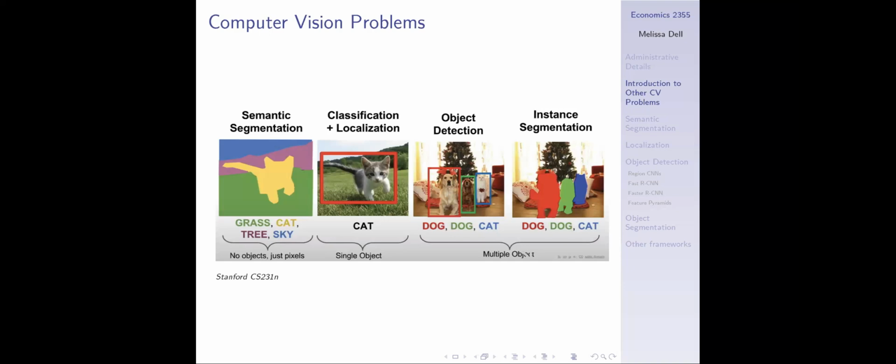And again, this is probably less relevant to us with something like documents, because if you have cells in a table or articles in a newspaper, the object is just a box. So you don't need to know exactly what pixels belong to it, but it's actually straightforward to understand how to do this once you understand the other things. So these are the 4 things that we're going to talk about today.